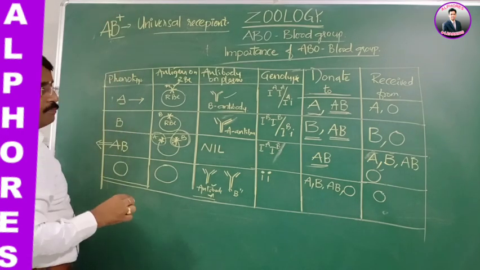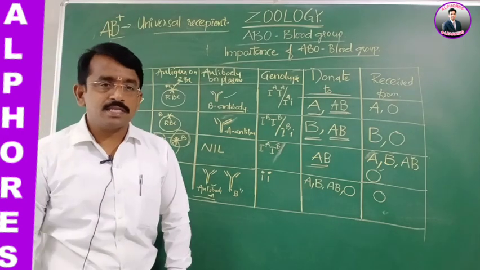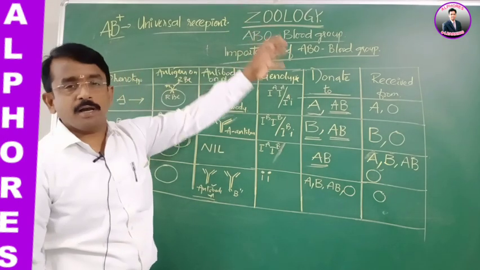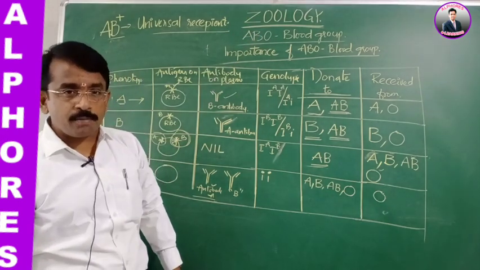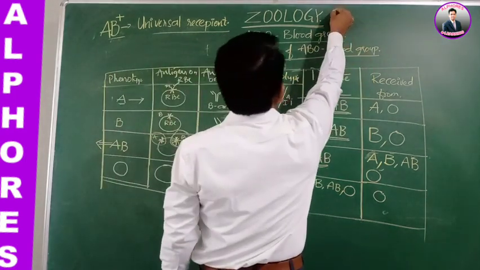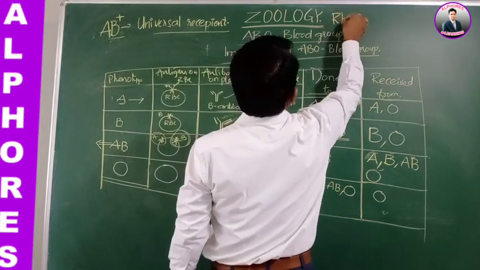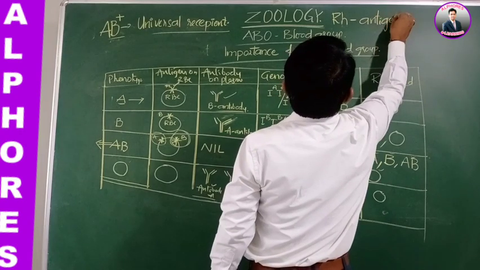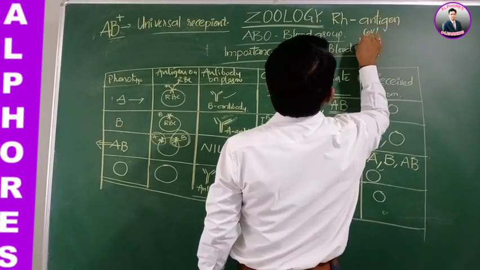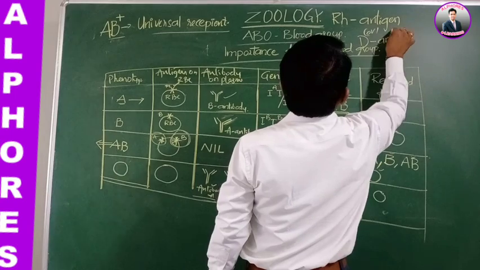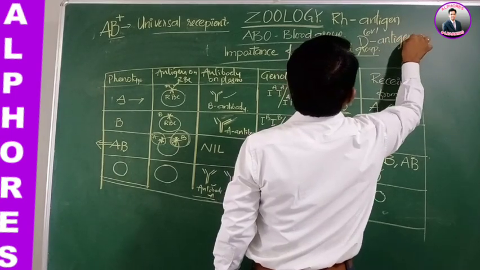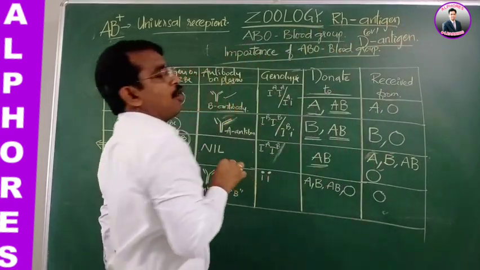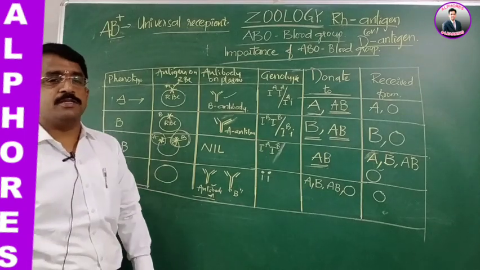AB positive in the sense that, besides this ABO blood grouping system, there is one more, named the Rh antigen, or else it is said to be the D antigen.